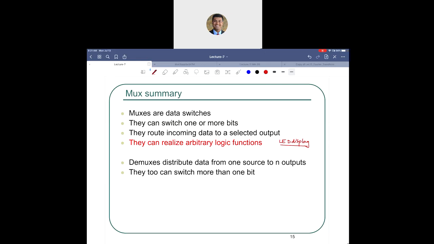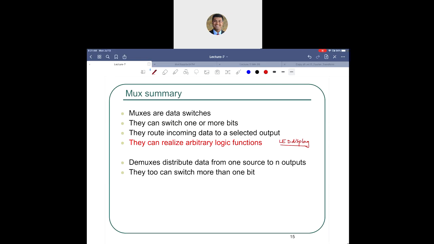So what I'm trying to derive at is that a MUX is a very useful component, just as the decoder is, because the decoder can also be used to synthesize logic functions. And we also saw earlier that NAND and NOR gates can help with that as well.